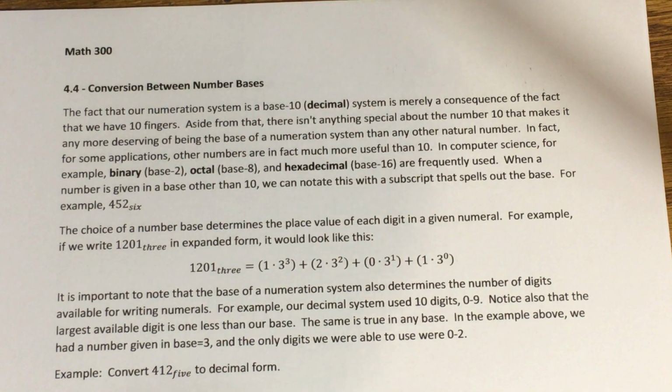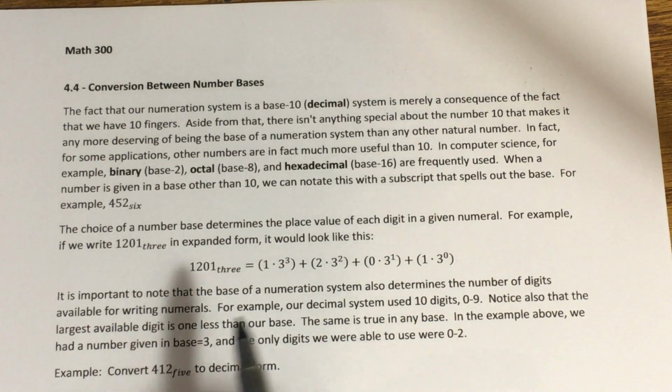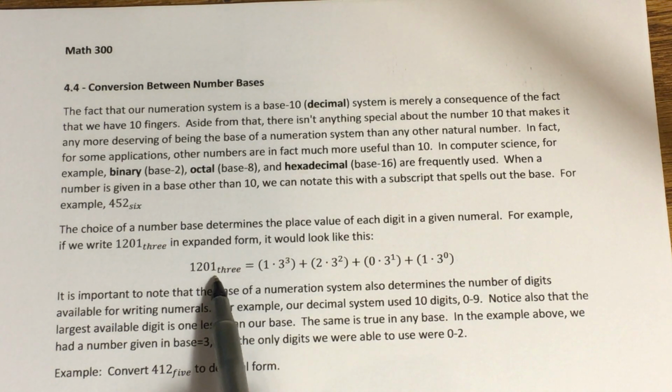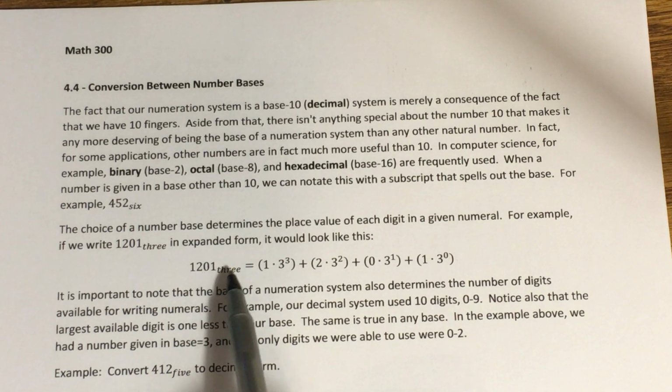Okay? One other thing that's important to point out is that the digits used in a number in a particular base all have to be less than the base itself. Notice that here I use the number 3 as my base.